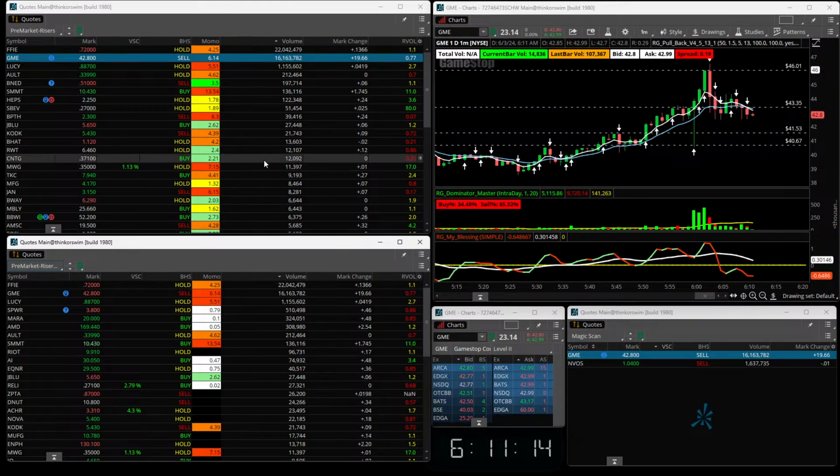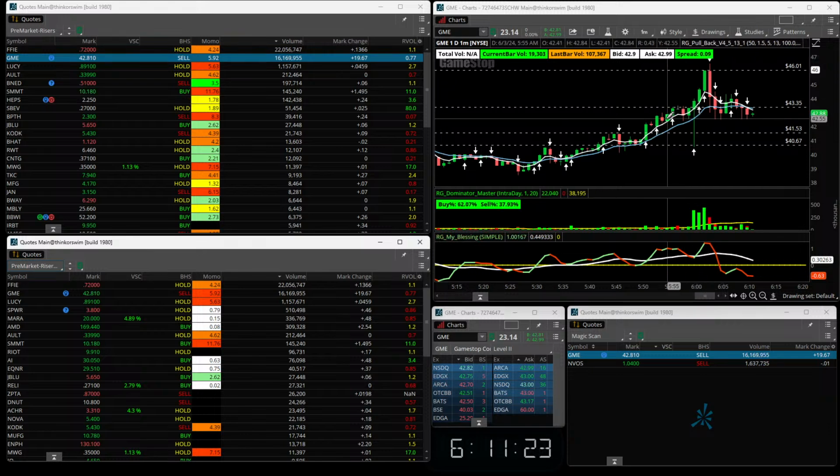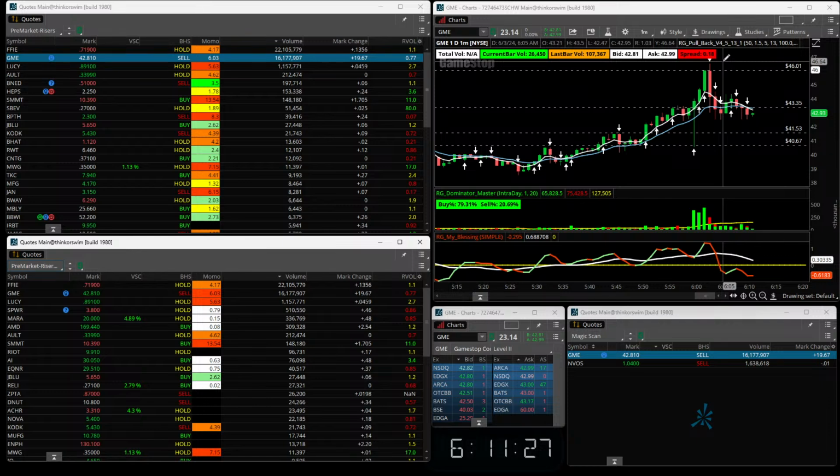The spread is always going to jump when you got a stock moving this radical. When there's a lot of buyer interest in the stock, they're always going to work the spread and make their part.